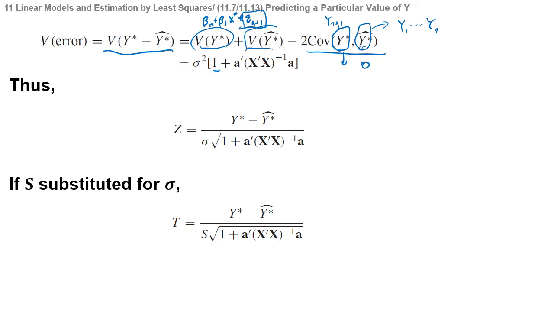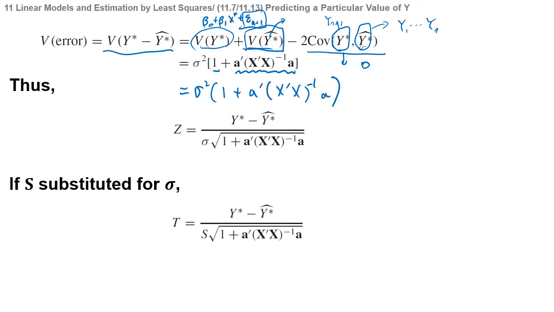And the variance of y hat star, calculated from y1 to yn, we also know, which is this thing. As a result, the variance of the error part is sigma square times 1 plus a prime x transpose x inverse a.